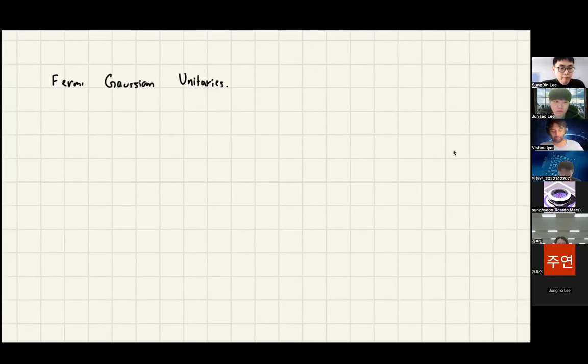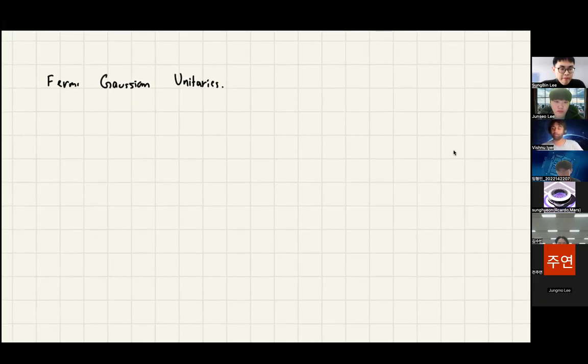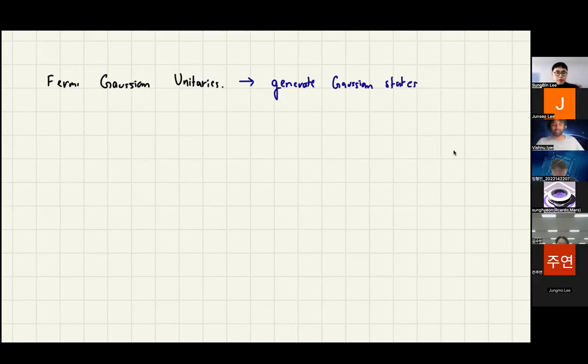So fermionic Gaussian unitaries, what are these? Okay, so they're the unitaries that generate these fermionic Gaussian states that we learned about in the last lecture. And they're also called non-interacting fermionic unitaries or states.